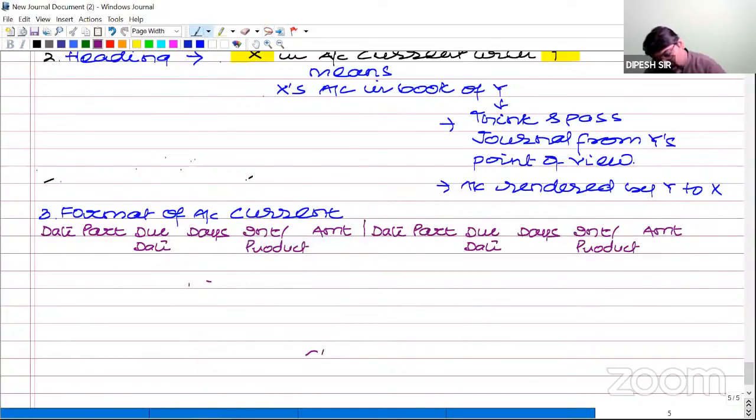So chartered, this is the debit side, one is the credit side. Am I clear? Date, particulars, due date, days, interest or product, and amount. That means there are two ways of solving: interest method, product method. Am I clear? There are three methods of preparing account current.